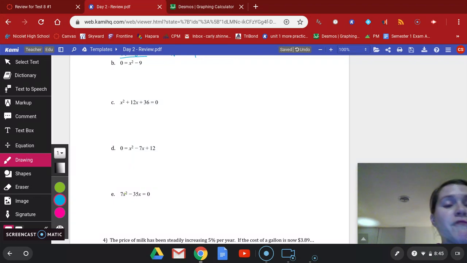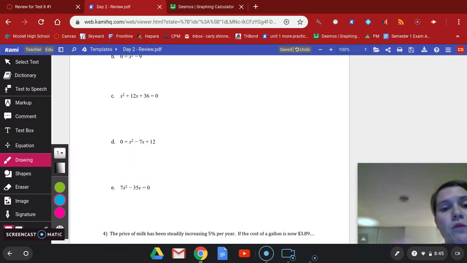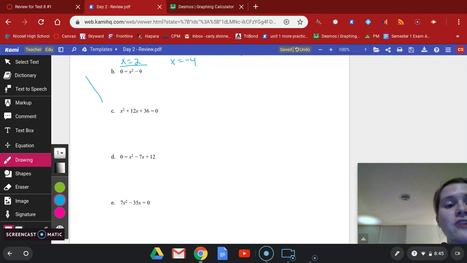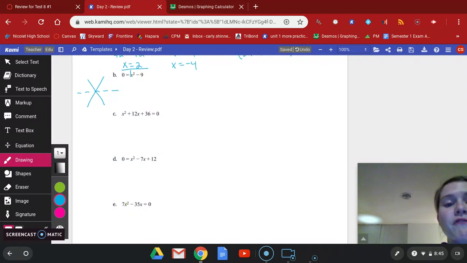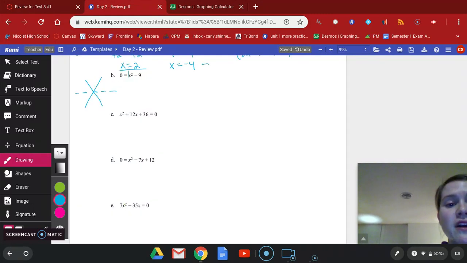In letter B, unfortunately, it's not yet factored. So, oops, I've got to jump in and factor this one. Some of you may recognize this as a difference of squares. I talked about this, I know, in my morning algebra classes. If you don't recognize it, it's okay. We can still factor it using the diamond method.